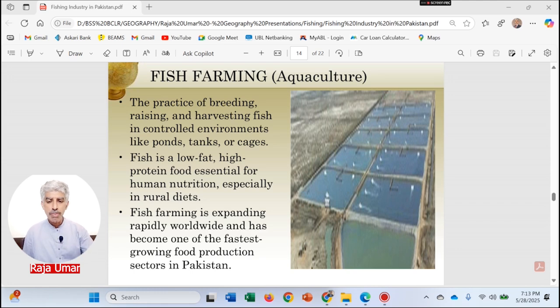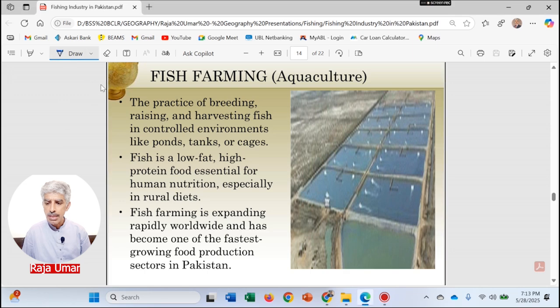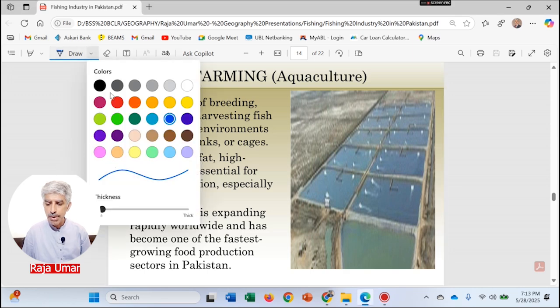Here we have the slide in front of us, that is fish farming.